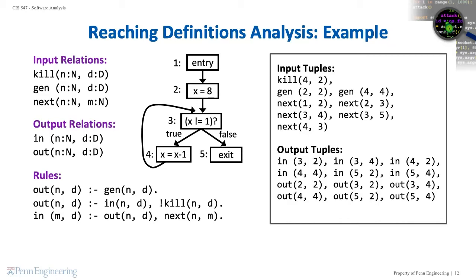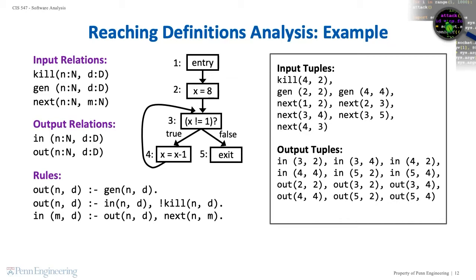Given these input relations and the inference rules described previously, the output relations produced are as follows. The in relation contains the following tuples: (3, 2), (3, 4), (4, 2), (4, 4), (5, 2), and (5, 4).